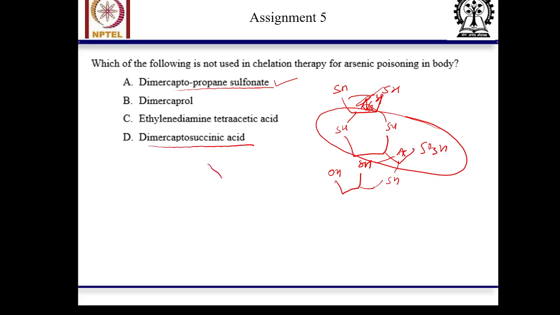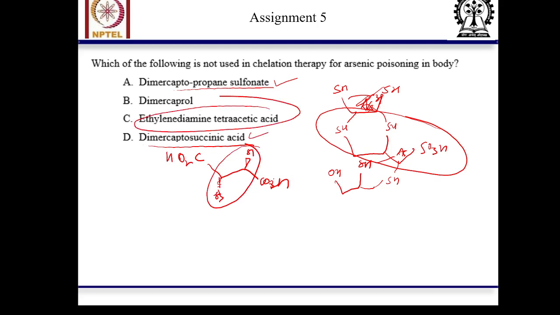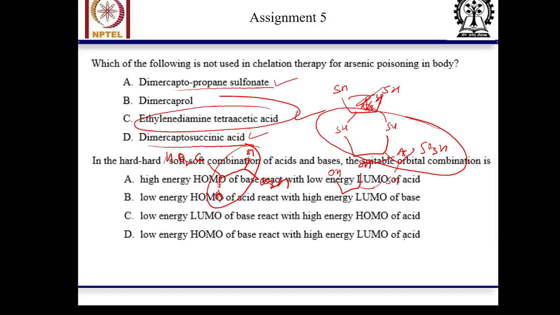We have SH, CO2H, here also CO2H, and here we have SH. So this SH, SH is there. This can also bind, but the only thing is that ethylenediaminetetraacetic acid will not form a chelate with arsenic in poisoning.